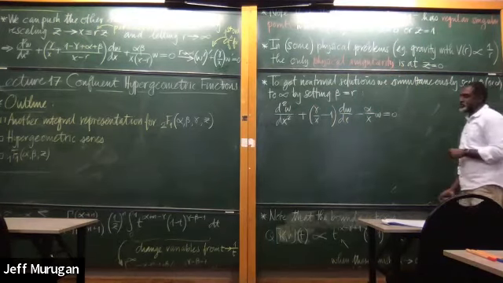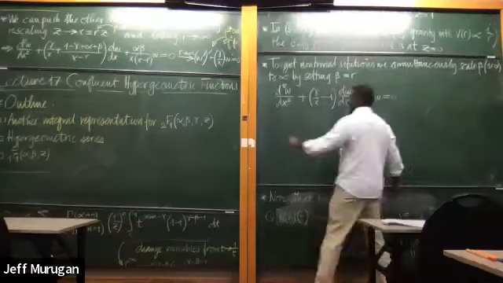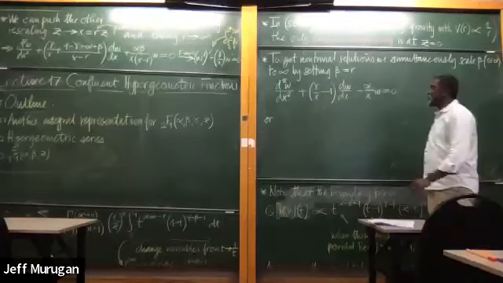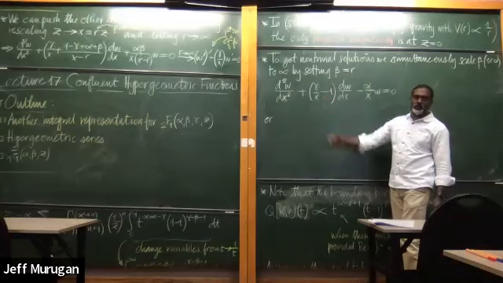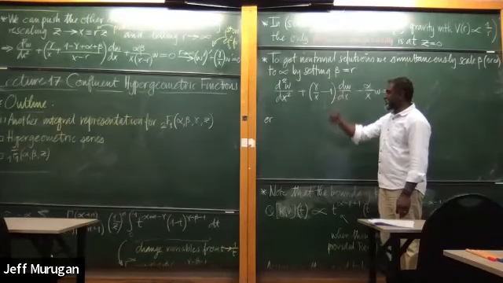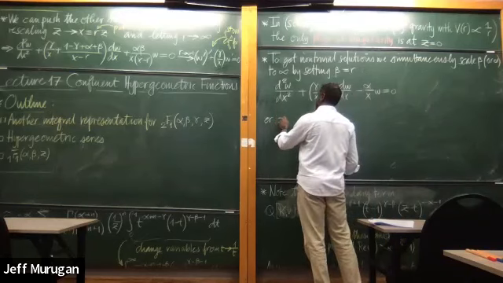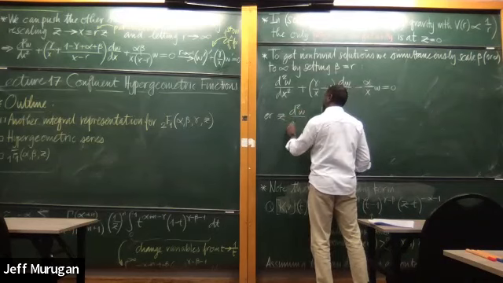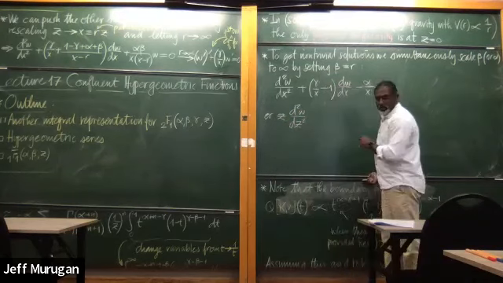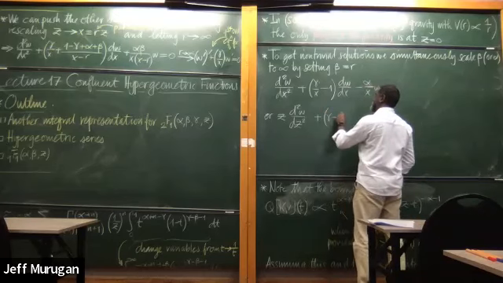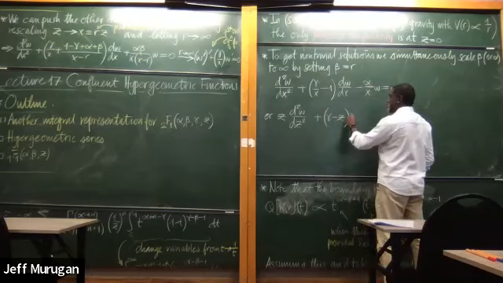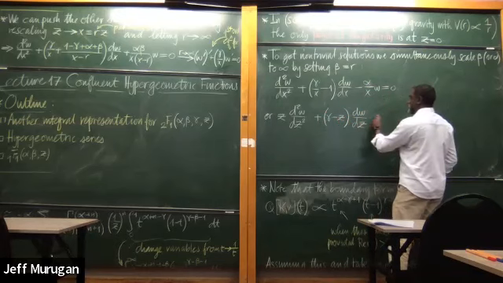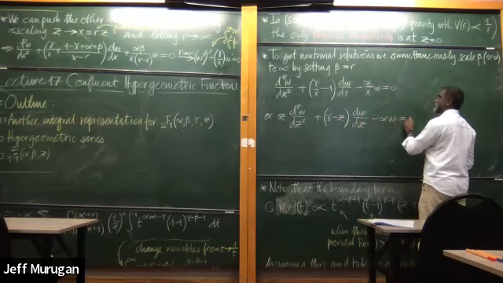Or equivalently, I change my variable back to z by just renaming it, and multiply through by z: z d2w by dz squared plus (gamma minus z) dw by dz minus alpha w equals 0.